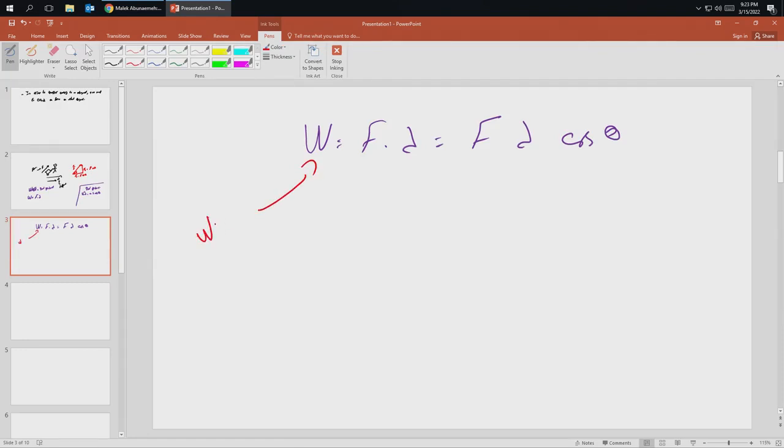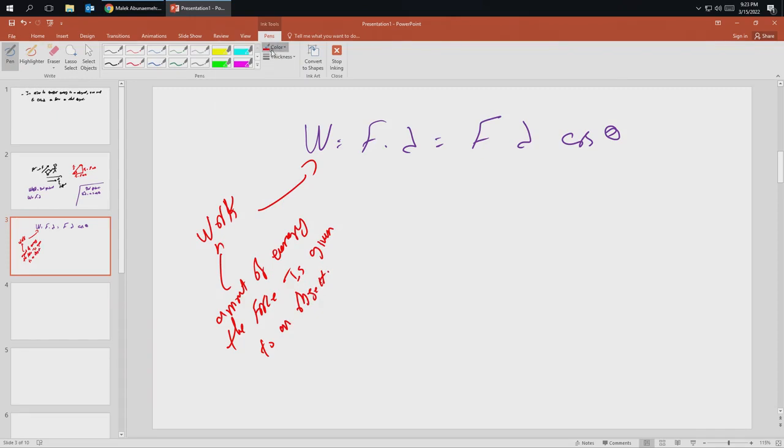W is going to be your work, which is your amount of energy given to an object. Your F, that's your force.